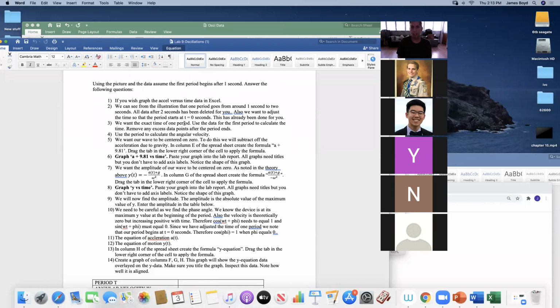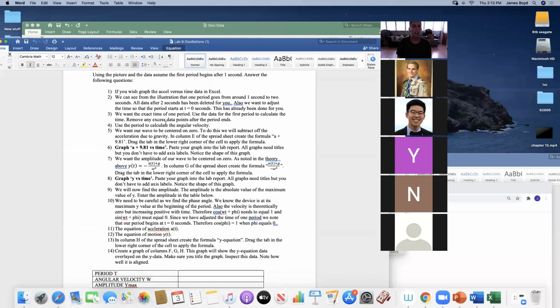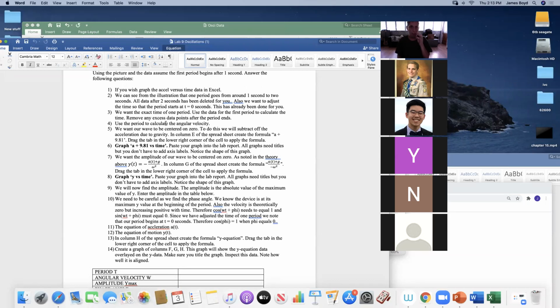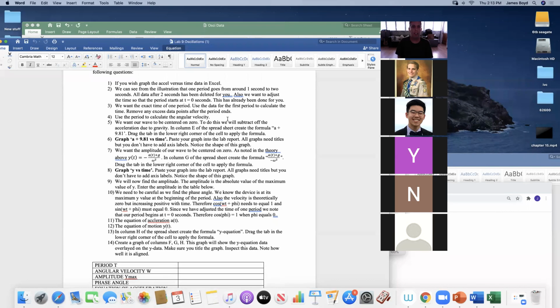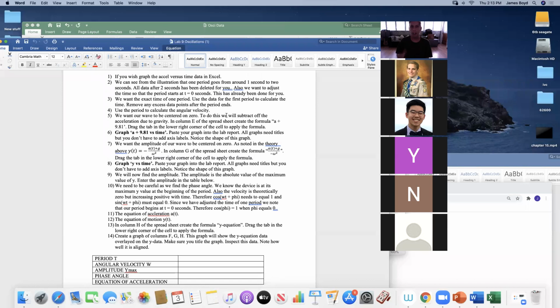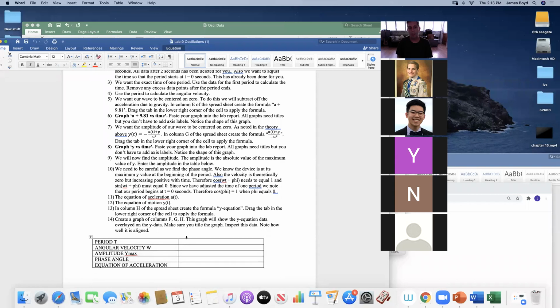We want to graph acceleration versus time if you wish. You don't have to do that. Then we want to find the period starting at a time of 0. We've just done that. So using the data of the first period, we calculate the time starting at t equal to 0. Part 4 is find the angular velocity, omega, and we have this chart.